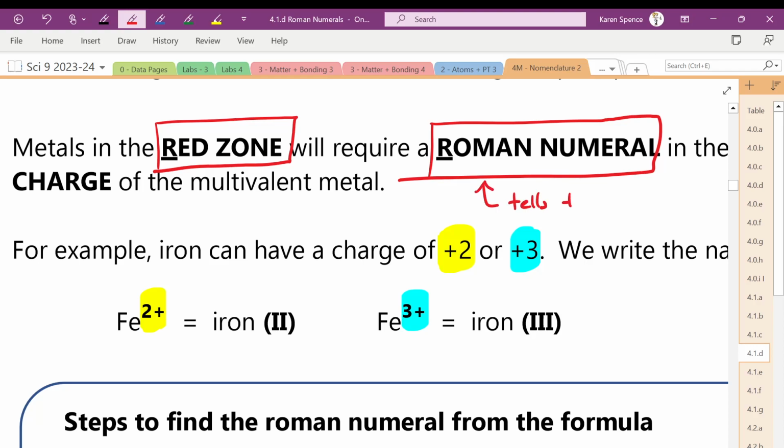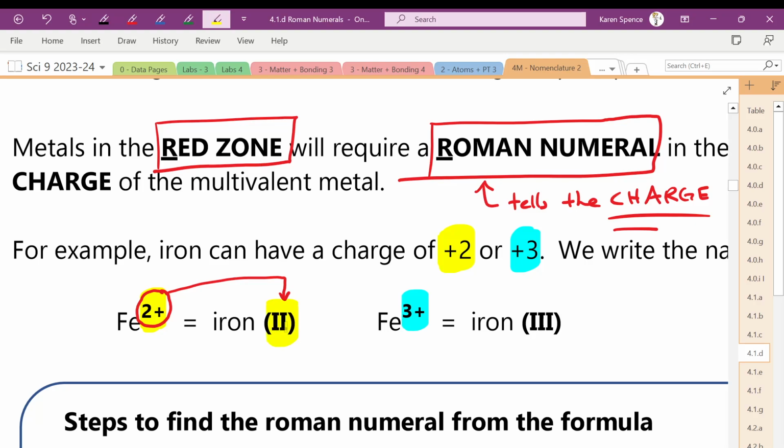It tells us the charge. So if we have iron 2+, we write the Roman numeral 2. If we have iron 3+, we write the Roman numeral 3.